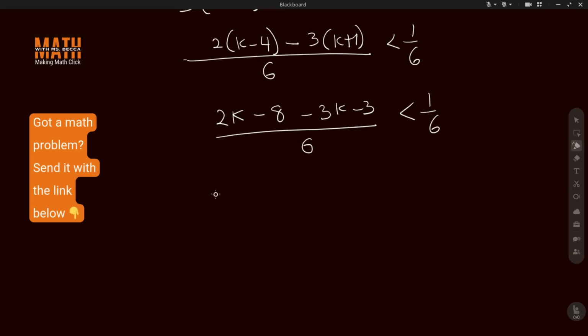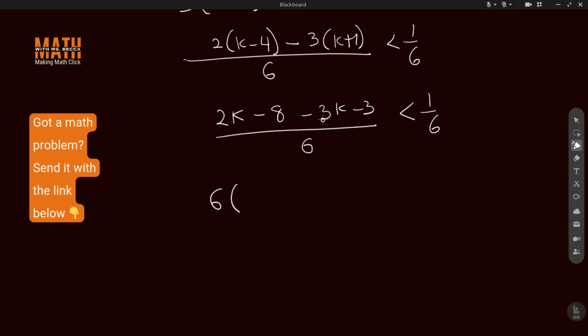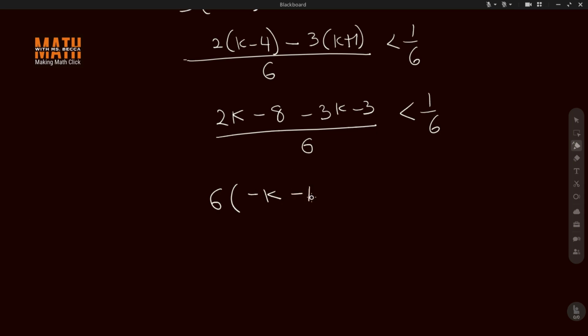Let's simplify what we have in the bracket at once. So 2k minus 3k would give negative k. Then minus 8 minus 3 will give minus 11. When we cross multiply, we multiply by 6, and this will be less than 6.